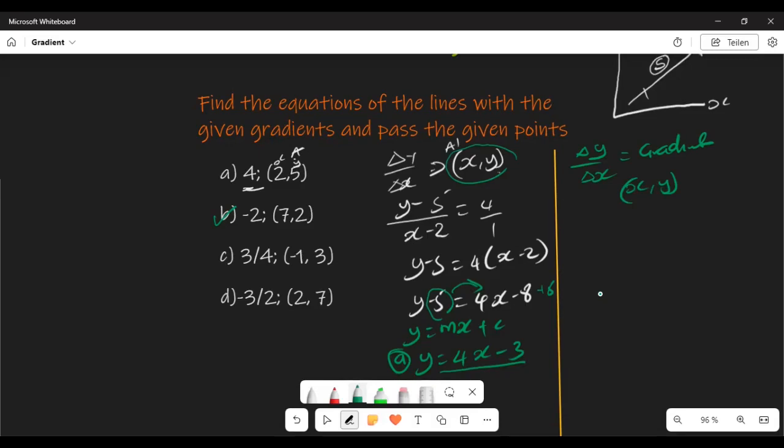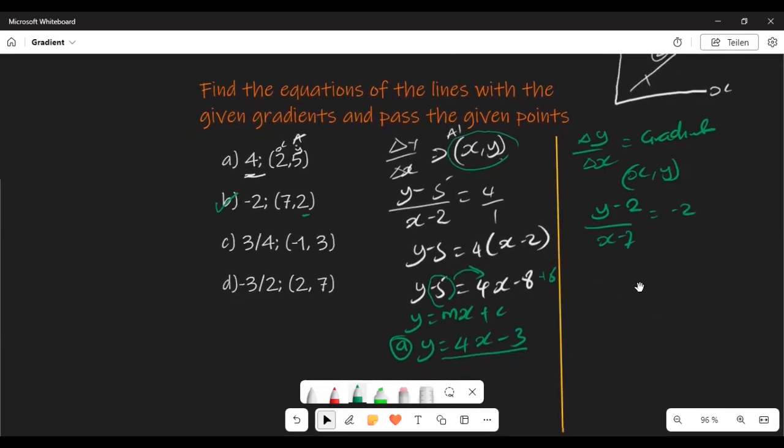Therefore we're going to say y minus 2 over x minus 7 gives us the gradient, which is minus 2. This is not a difficult one. This is a bit simpler.